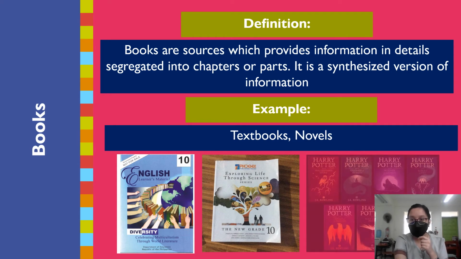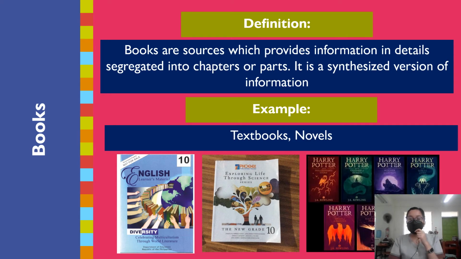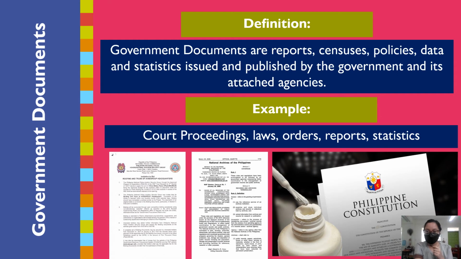And then, this one is called novels. So, books are in the form of textbook or novels. So, you can use them depending on what research you are doing. So, that's the number two. Number one is scholarly articles. Number two is books. Okay, so let's proceed to the third one, government documents.